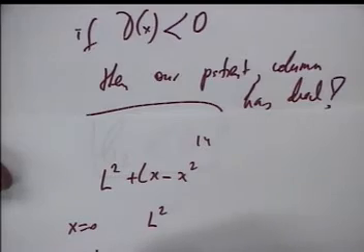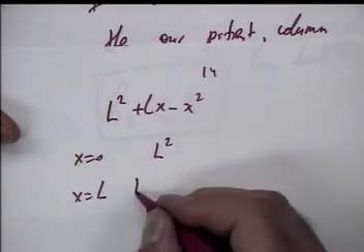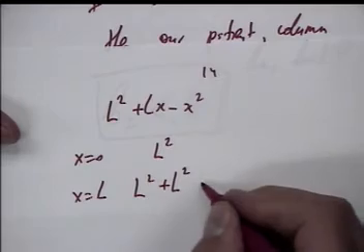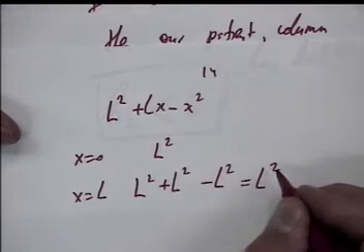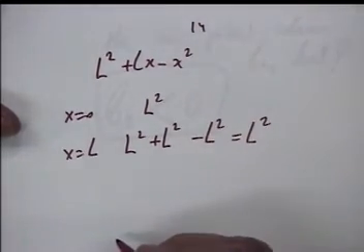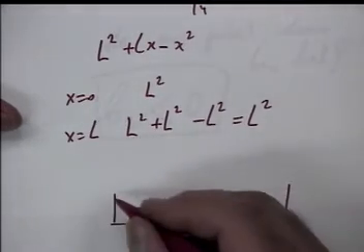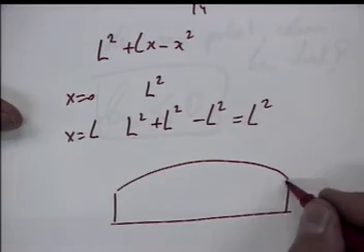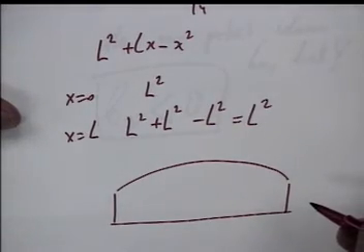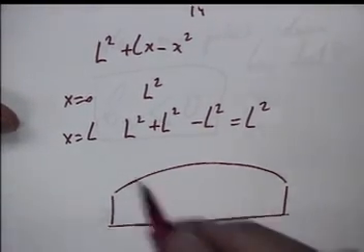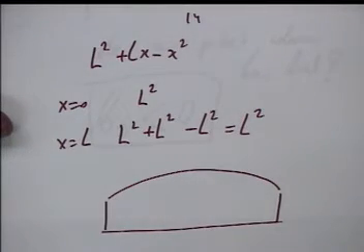When x equals L, this equals L square plus L square minus L square, which is L square. So actually this function is like this. Okay, that is a function. It's a positive function, so it means that B2 must be negative.